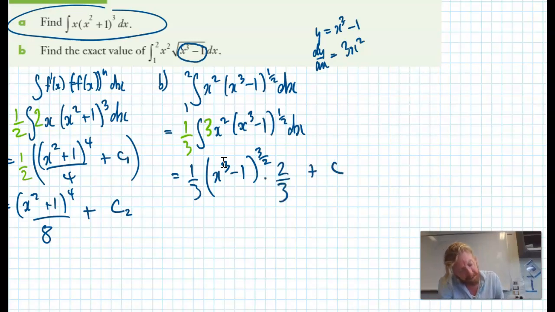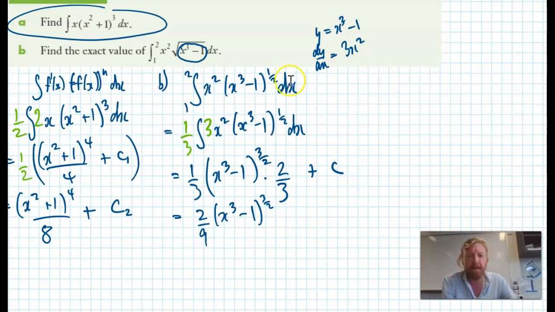Plus c. I don't need the brackets for that c because it gets sucked in. I'll tidy this up. That's 2 over 9. That's it. x cubed minus 1 to the 3 on 2.